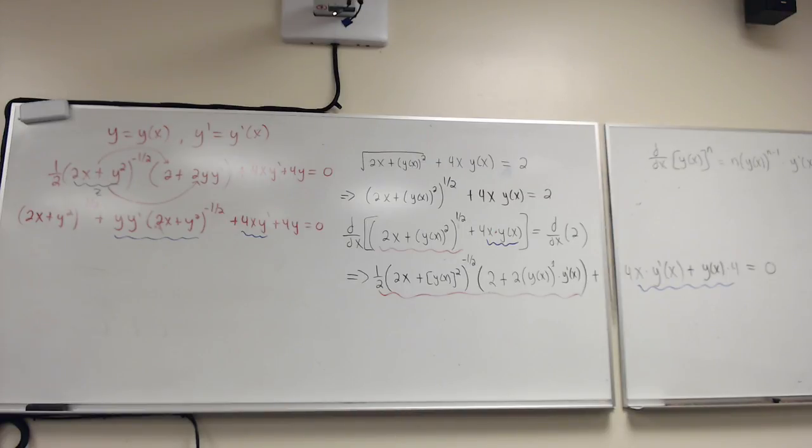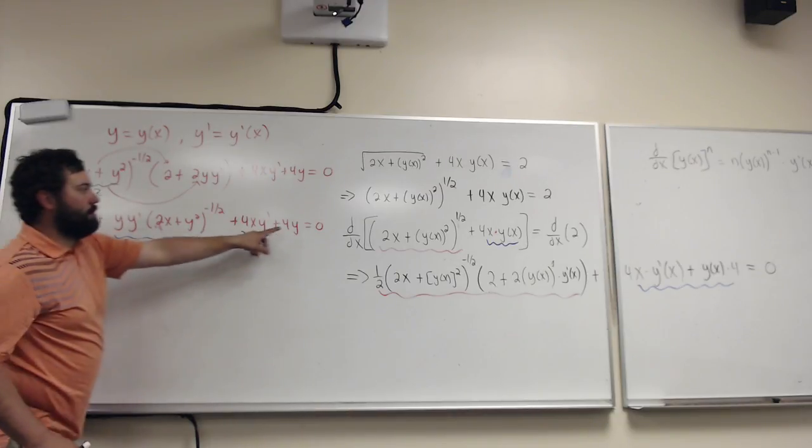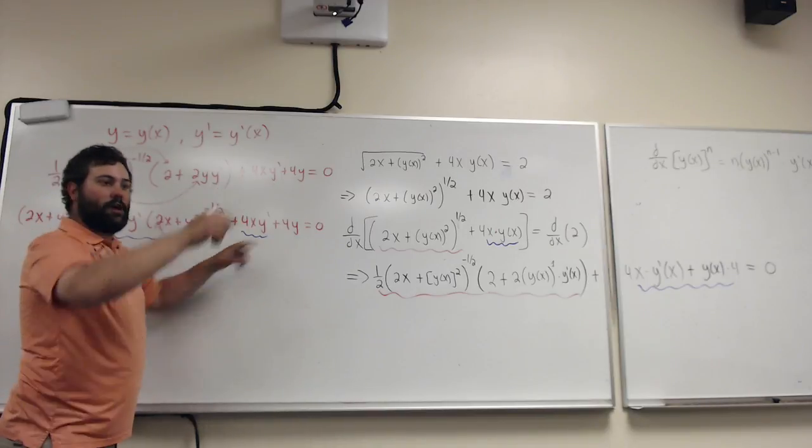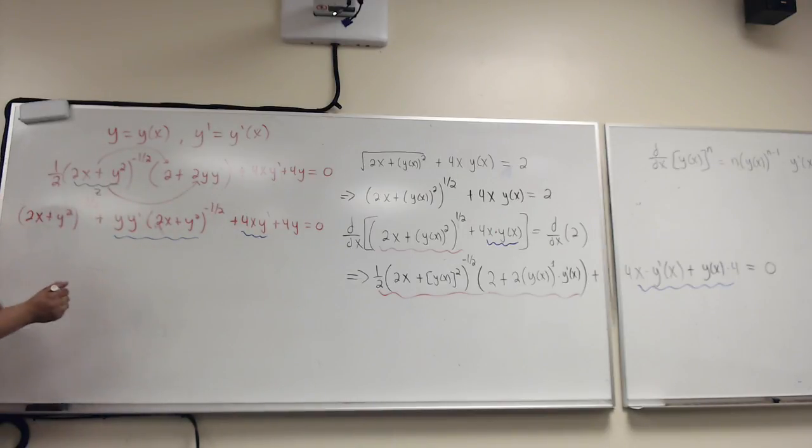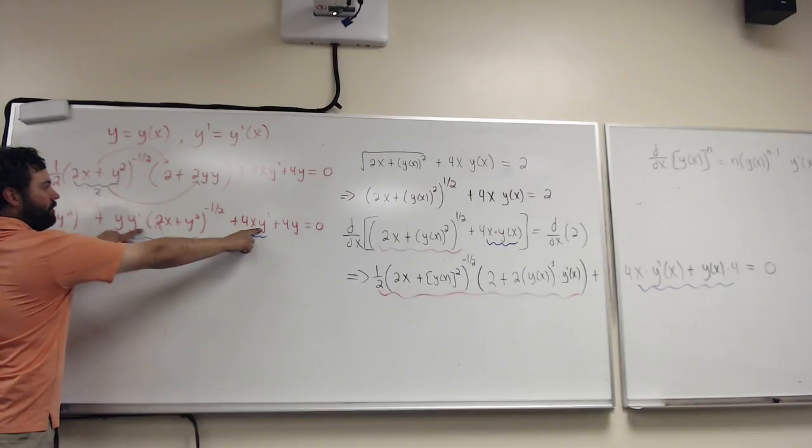And now, if you're trying to solve for a variable, you use the same rule that you might have learned back in an algebra class: you want to keep terms with that variable on one side. The terms that don't have y prime, we're going to move to the other side. And I'm also going to factor. Y prime can be factored out of these two terms.